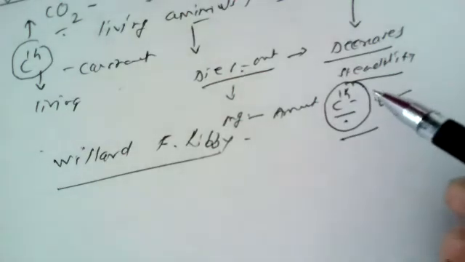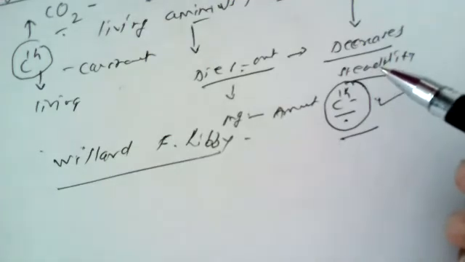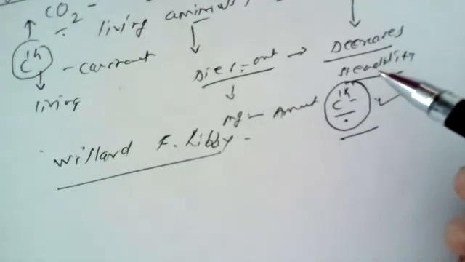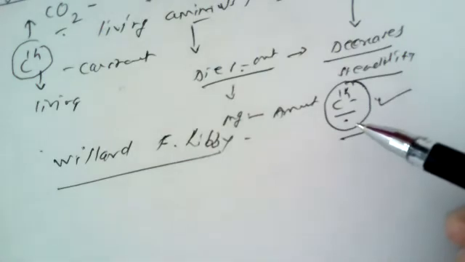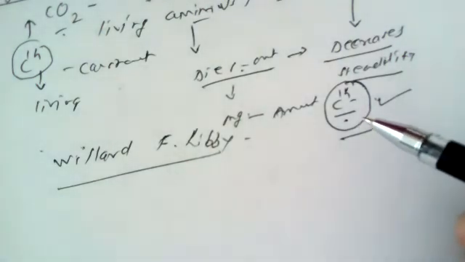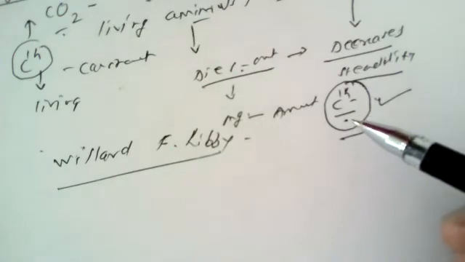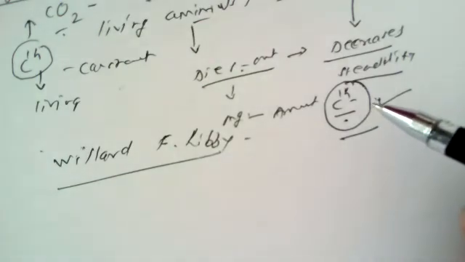Willard Libby first developed a technique of dating historic and archaeological organic samples by the carbon-14 content present in them. For this great work, he was awarded the Nobel Prize in 1960.